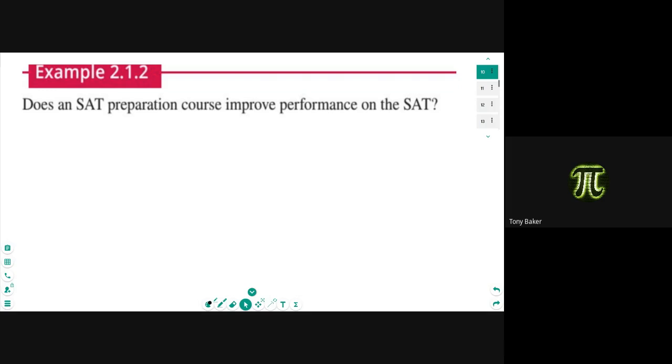If I'm going to create this prep class, I'm going to turn around and say, I guarantee a score increase of 150 points on everybody who takes my SAT prep class. And your parents are going to see that and say, wow, that's great. Sign me up. What did I just tell you about taking the test the second time? How do you increase the score?